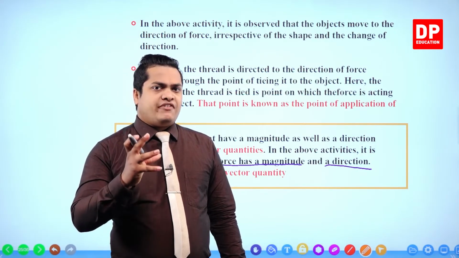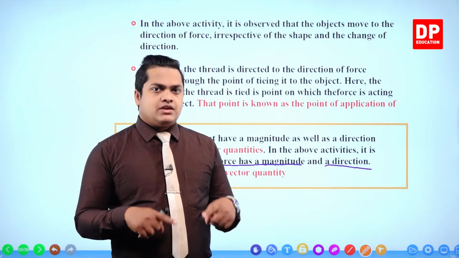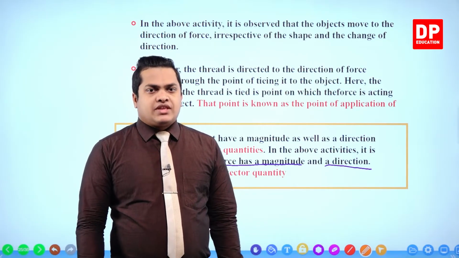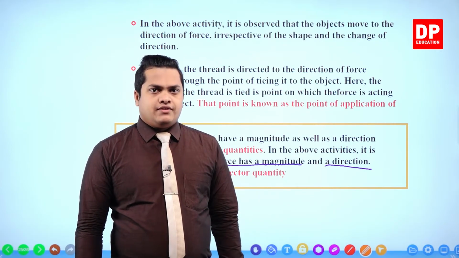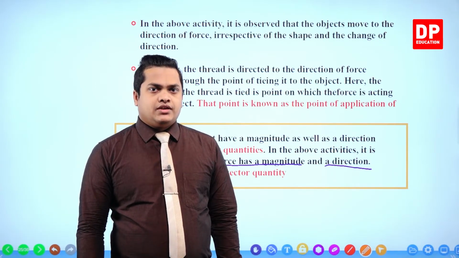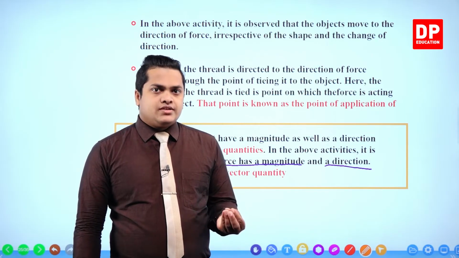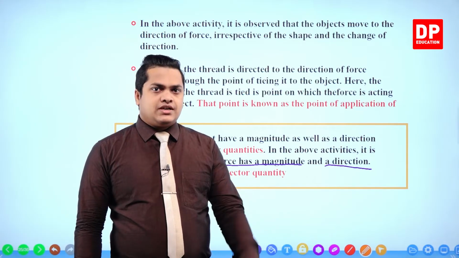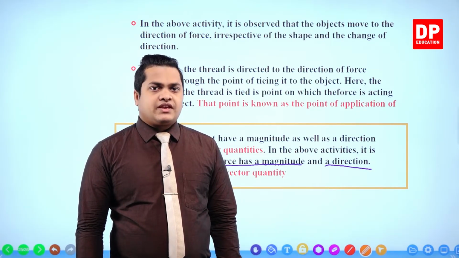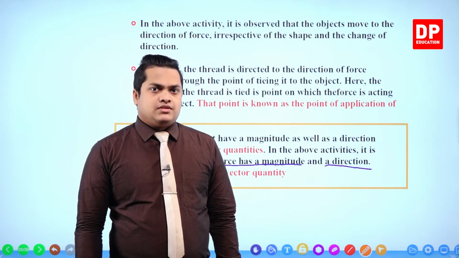It is showing a definite direction with a certain amount of magnitude. So therefore, force is referred to as a vector quantity. Force is a vector quantity. So weight, which is the gravitational pull acting on a certain object because of the gravitational force.